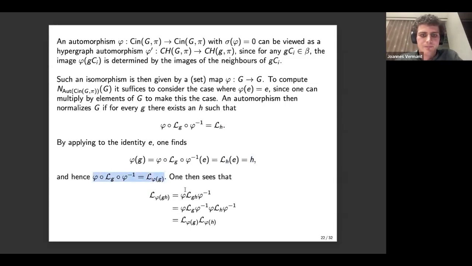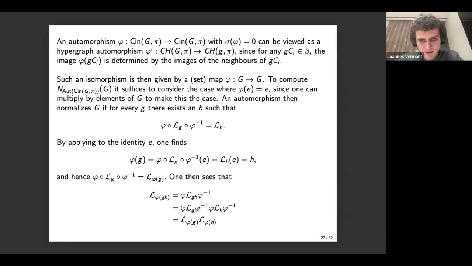And then by using this relation, we see that the left translation by phi of G times H, we can write it like this, and then we can rewrite it like this.